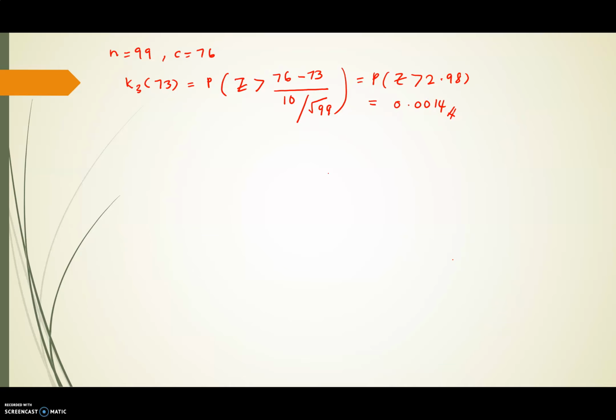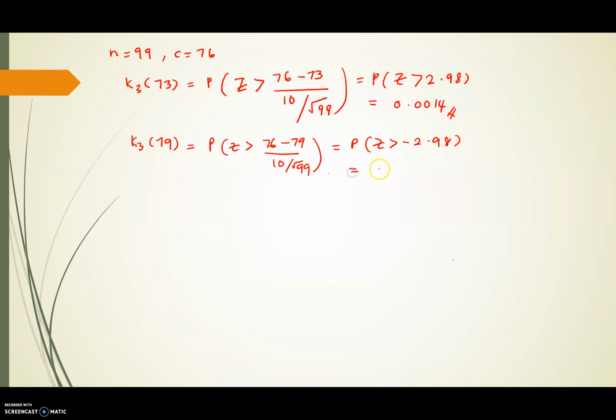Okay, next we try to compute for theta equals 79. So we will have Z greater than 76 minus 79, standardize the value, and then we have Z greater than minus 2.98.